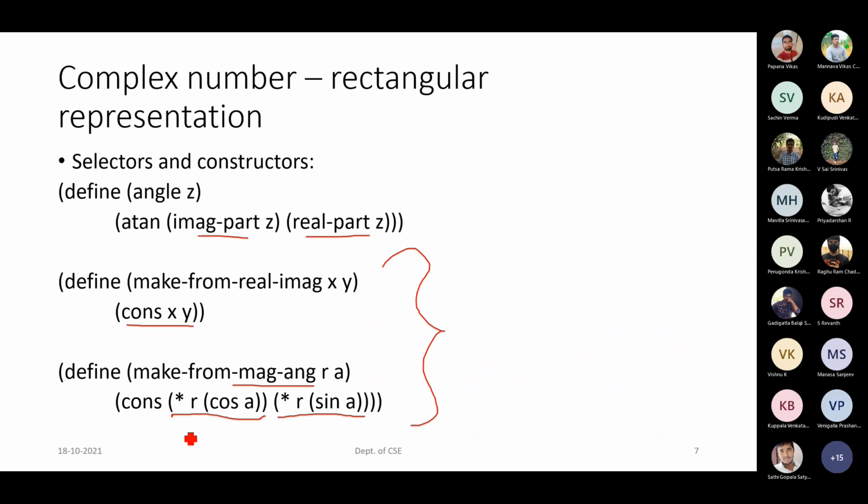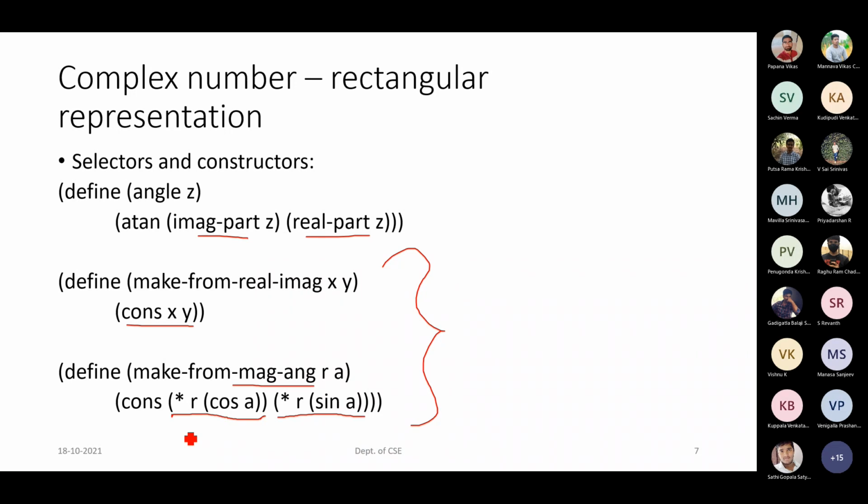So based on which place you are taking it from, and which applications you are working on, you have to do the conversions and represent it back in the same format. However your input was, you have to represent it back in the same format. Just to highlight this application, we took this complex number as an example.